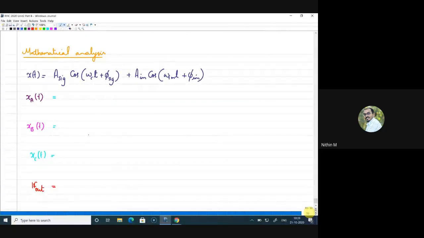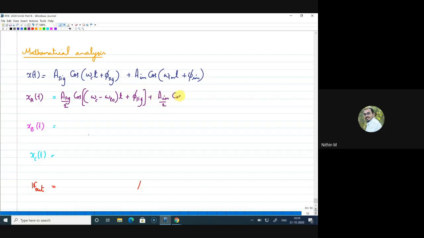That means I will get xa of t as A signal by 2 cos of (omega c minus omega LO) t plus phi signal, plus A image by 2 cos of (omega image minus omega LO) t plus phi image.